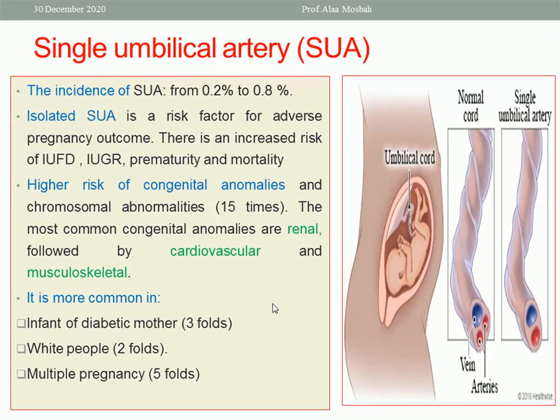The commonest congenital anomalies that occur are renal anomaly, cardiovascular anomaly, and musculoskeletal anomaly.